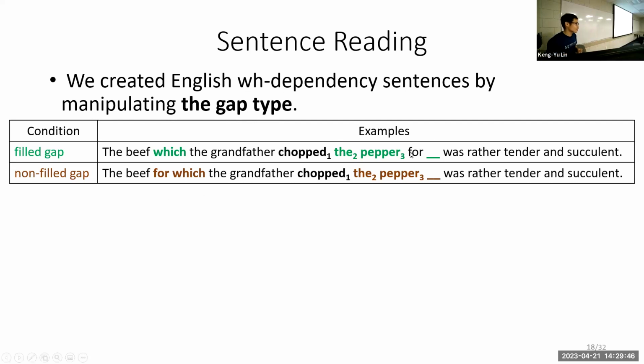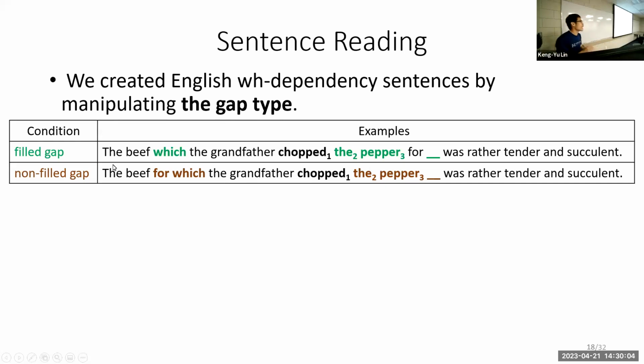But now the closest gap, the position right after the verb, is occupied by the noun phrase, the pepper. So participants might stumble at the sentence when they encounter the pepper. So this is the so-called filled gap condition.